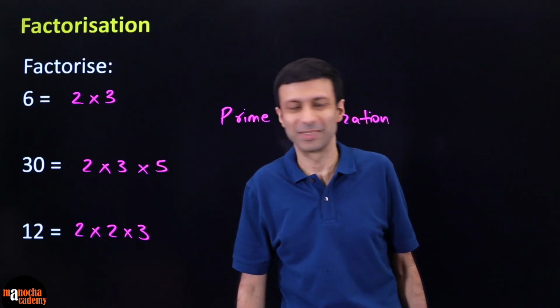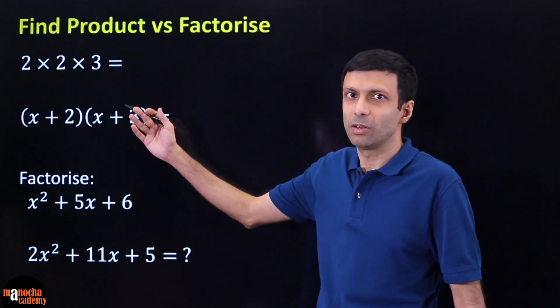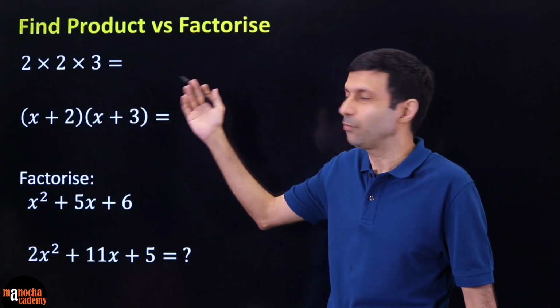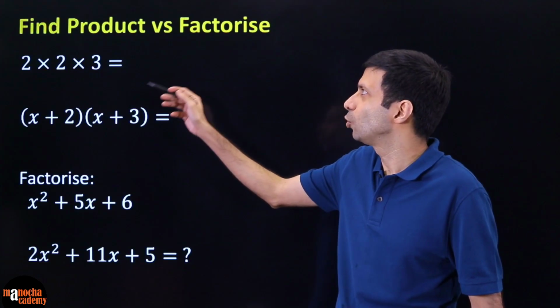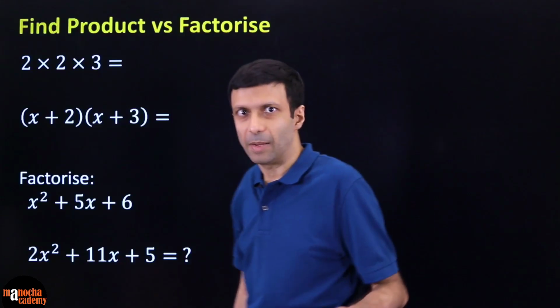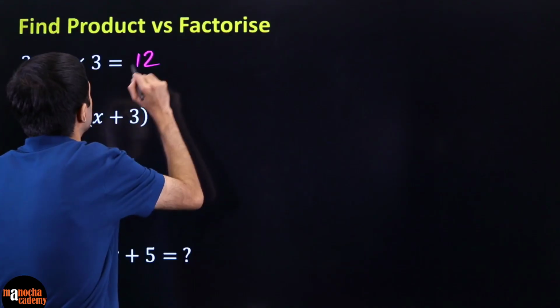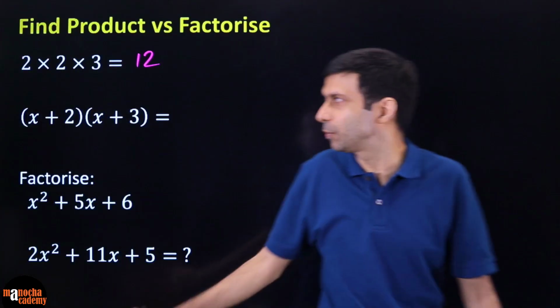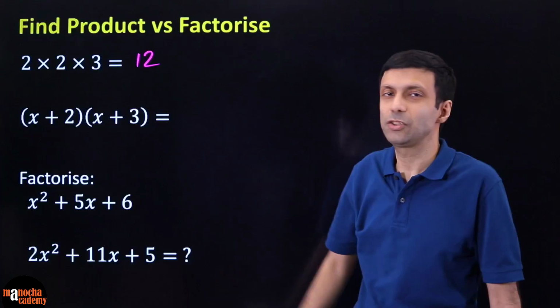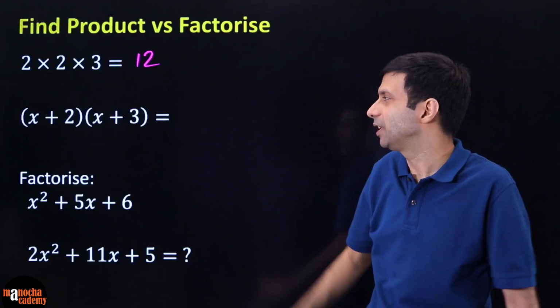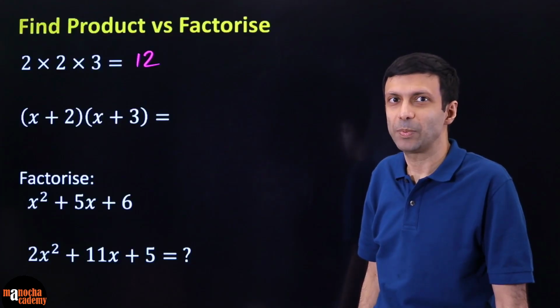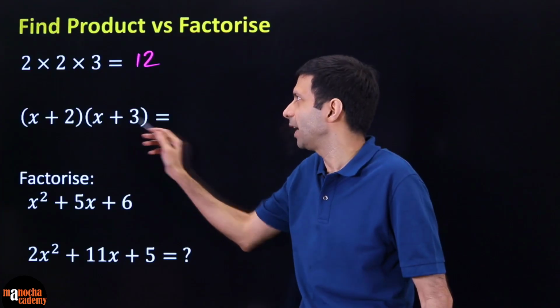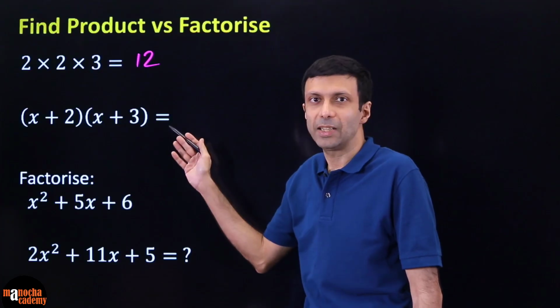So let's take a look. Just like we saw, when you multiply the prime factors, when you do 2 times 3, what do you get? You get the number 12. Similarly, if I ask you to find this product, let's say you have these two expressions in the brackets, x plus 2, x plus 3. So this is like finding the product.